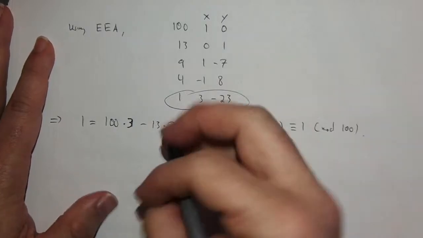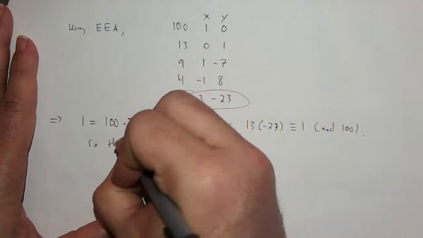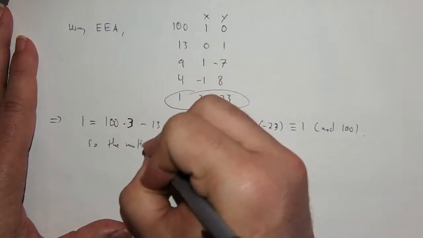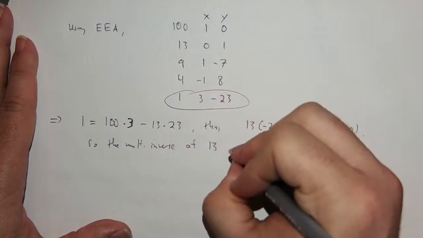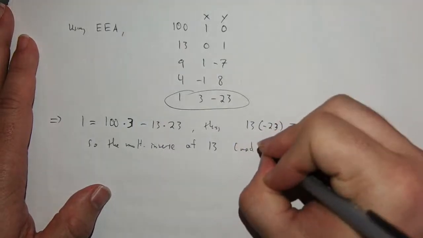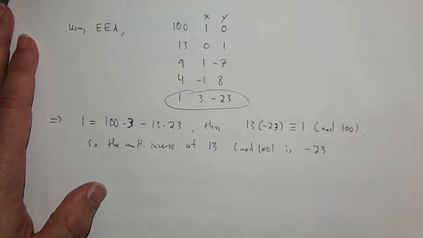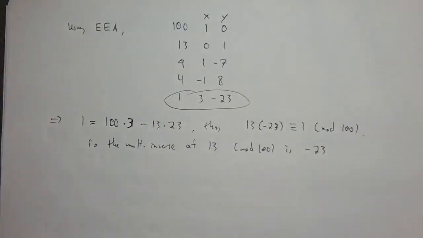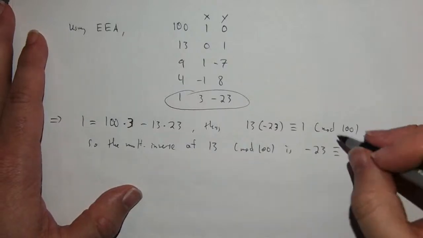So the multiplicative inverse of 13 mod 100 is minus 23. Of course, using the least non-negative residue, minus 23 is congruent to 77 mod 100.